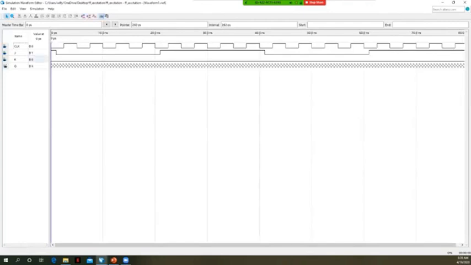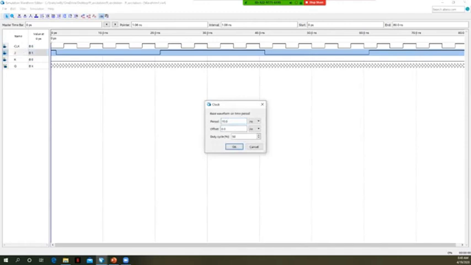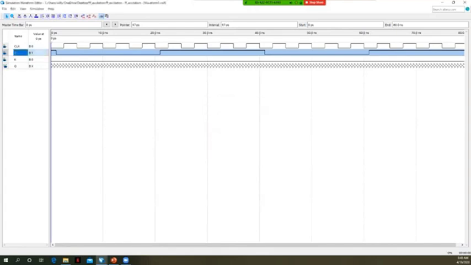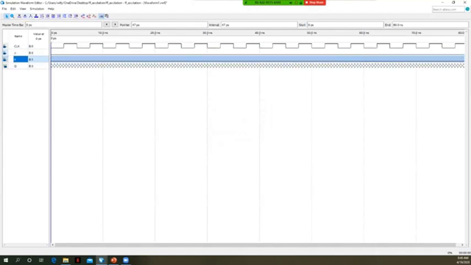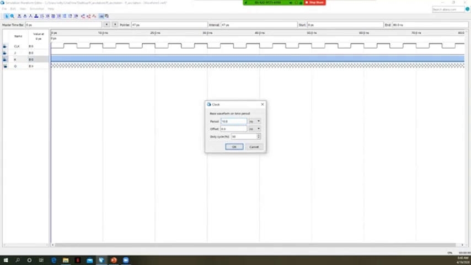All right, let's change our simulation waveform a bit. Here I'm going to click on this. I'm going to make J 0 the entire time, and let's just make K 1.